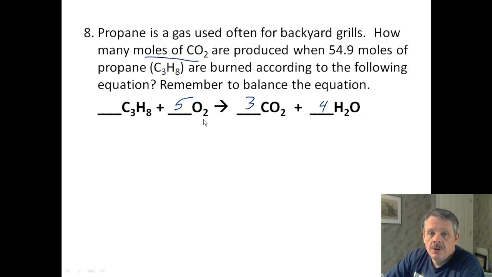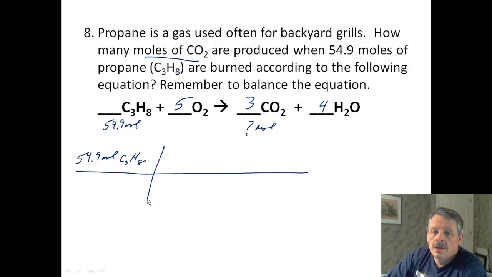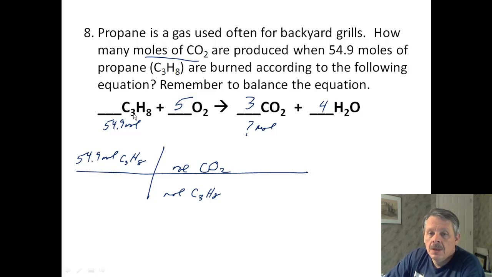I'm trying to figure out how many moles of carbon dioxide I have. And I'm given 54.9 moles of propane. So if I start with 54.9 moles of propane, C3H8, and I get rid of moles of C3H8, and I go to moles of CO2, well, C3H8, that's a 1, so I've got 1 mole of C3H8 gives me 3 moles of CO2.